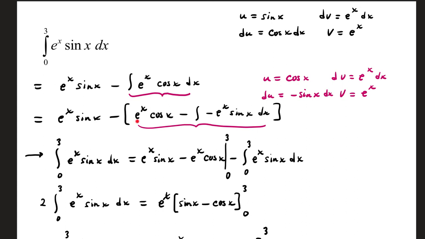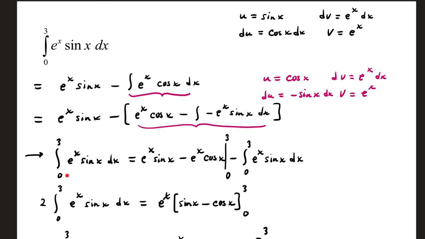Underlined in pink, we have uv minus the integral of v du. These two negatives will make a positive. So what we've done is, actually I'm not going to make it a positive because we have a third negative. But we have recreated the original problem.